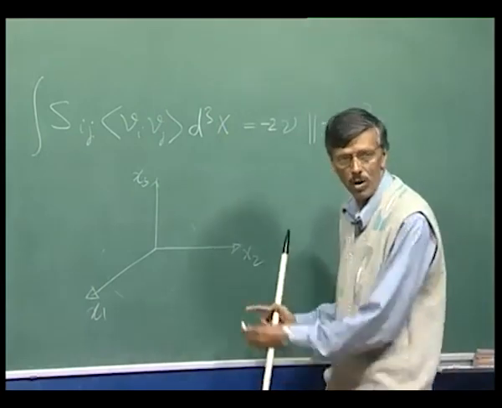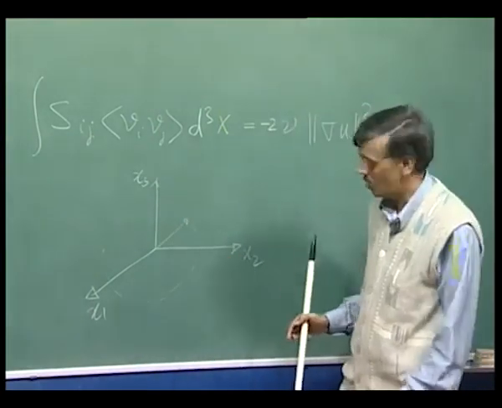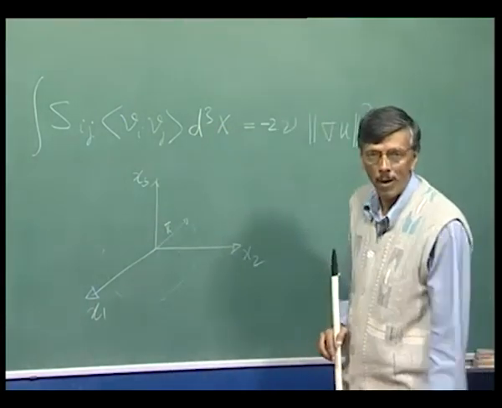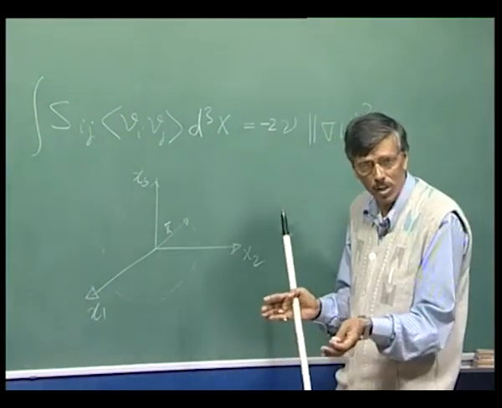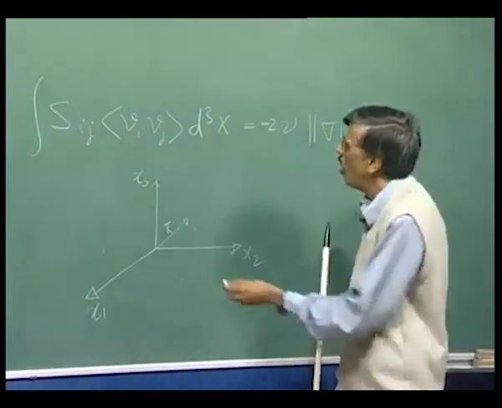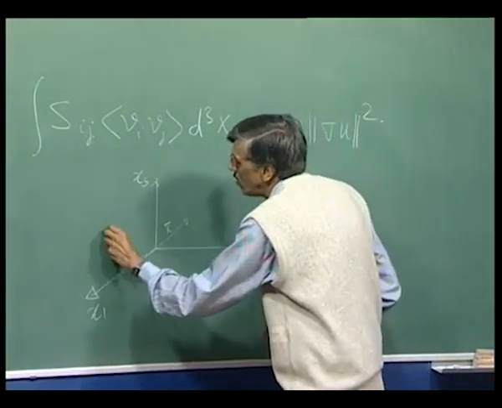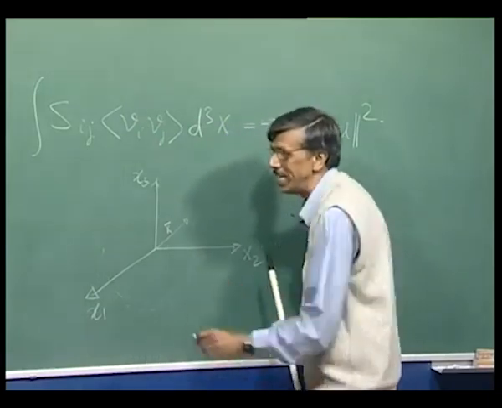I am going to talk about the radius vector, which I could call k bar, and an elementary volume in the spherical polar system would be a sort of spherical shell of width, I will call it dk.